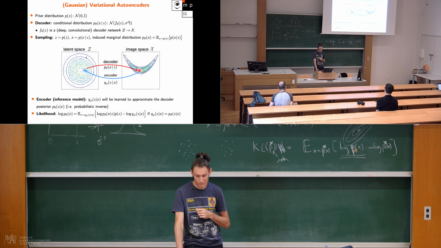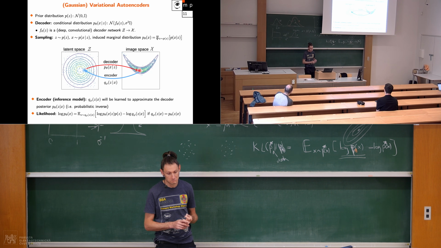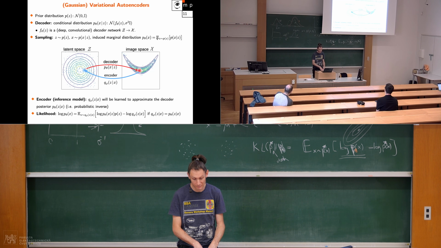So if you ask the question, what is the density at a particular point in this space, we need to evaluate the logarithm of this expectation. And this would still be difficult, but there will be a workaround.